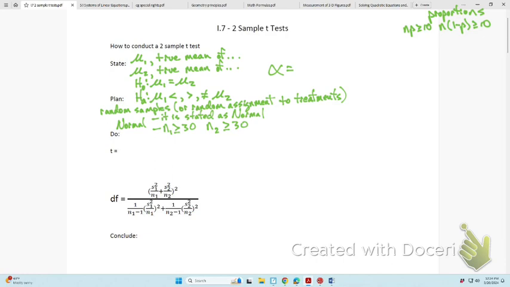If they're not larger than 30 and they don't come out and tell you it's normal, so it's small, but the graph or graphs look symmetric with no outliers.